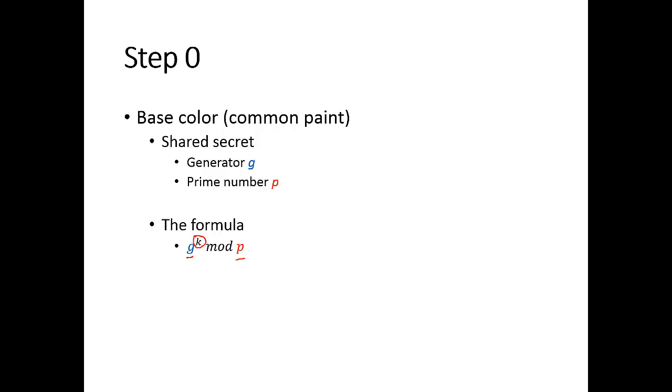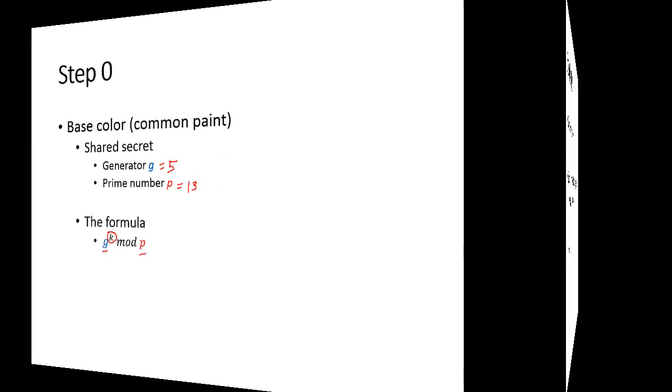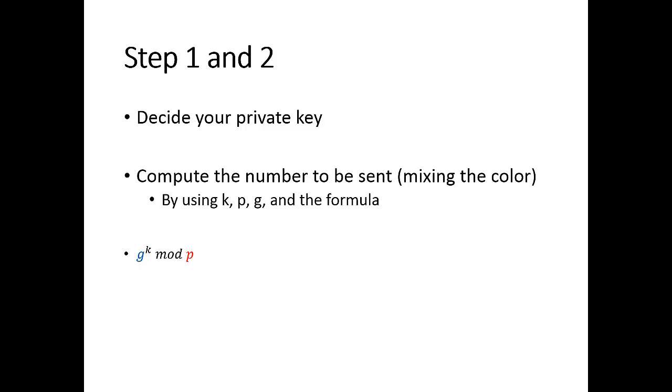In this example, just to make it a little more concrete, we use the number P, which is 13, and the number G, the generator, which is 5. That's what we are going to be using for this particular example. Now let's first decide your private key, the secret color in this case.